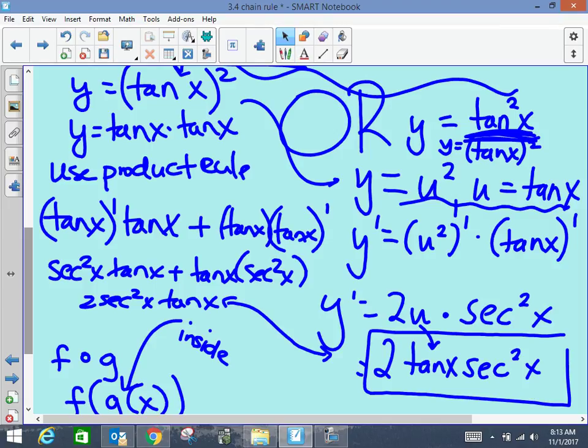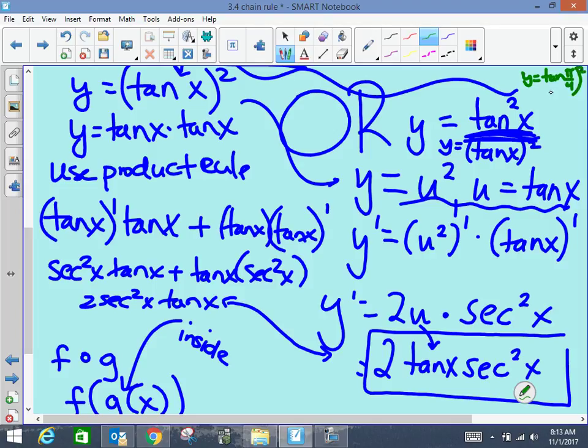Say x is pi over 4. First thing I'm going to do, plug in, and what's the first operation? There's no multiplication. I'm going to plug in y equals tangent of pi over 4.